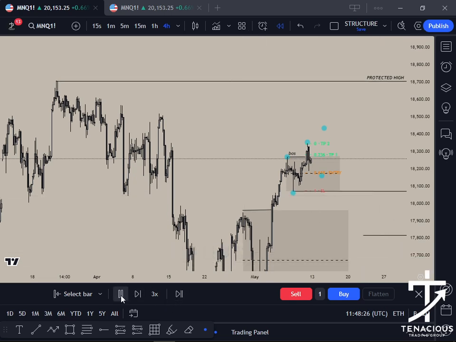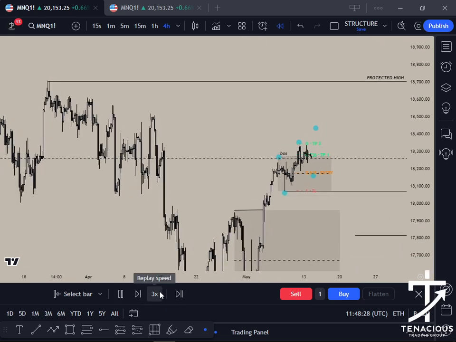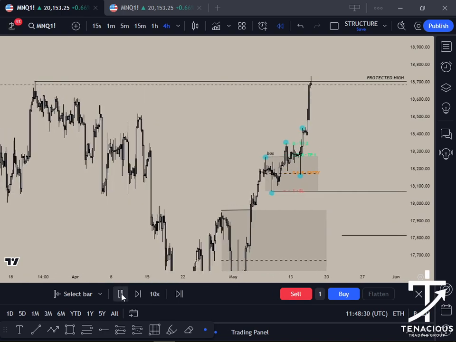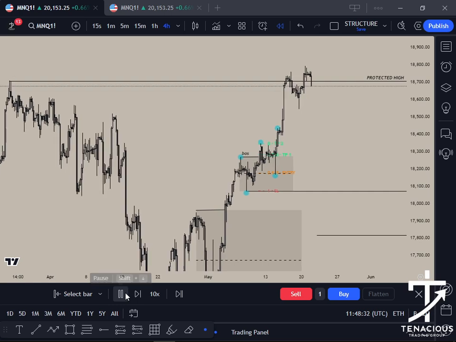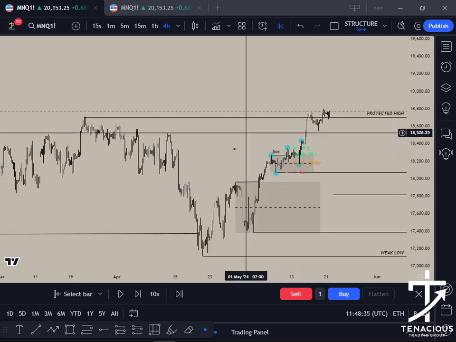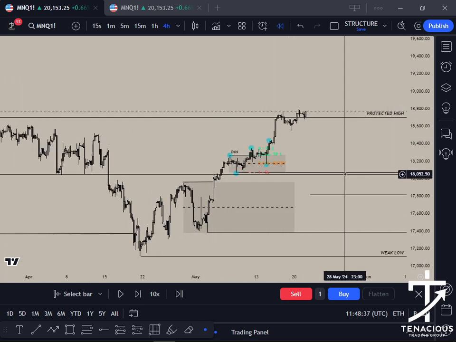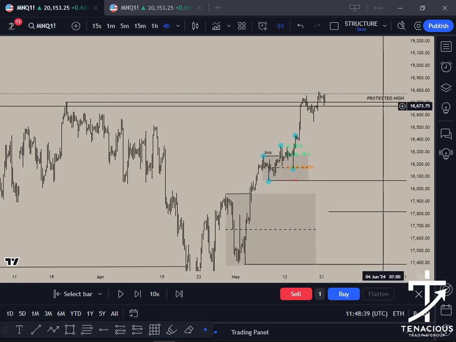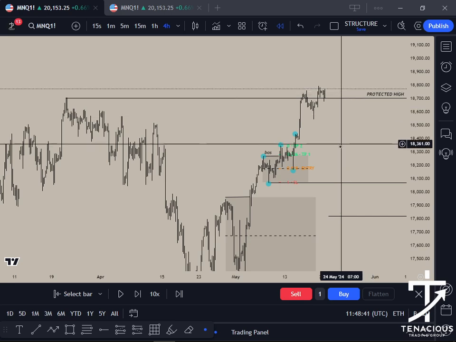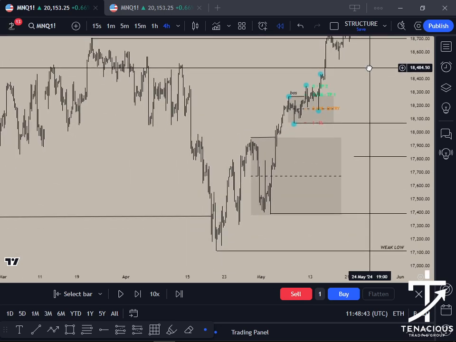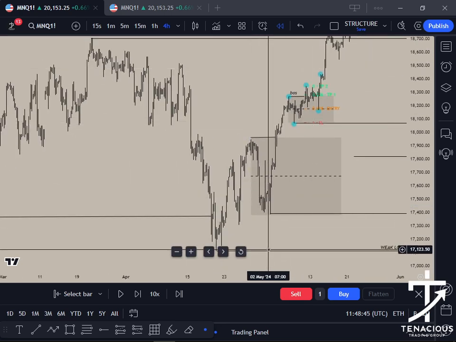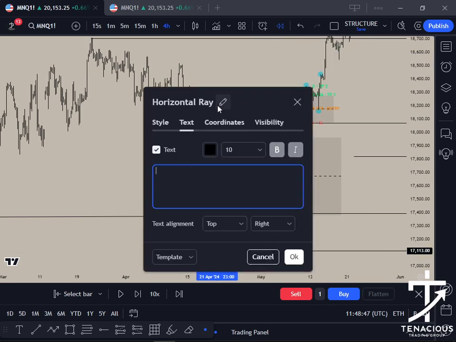If you let price play out. So look, we broke to the upside. So now all of this, we have a new dealing range. We now have a new dealing range. So now this week low is now our protected low.